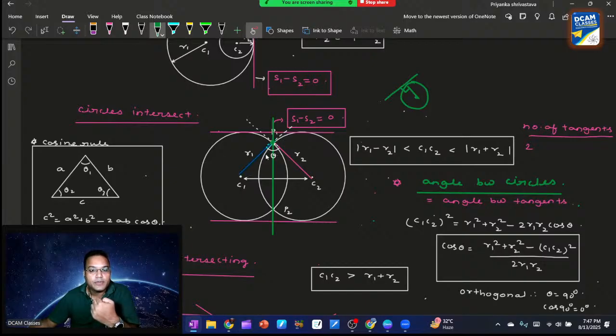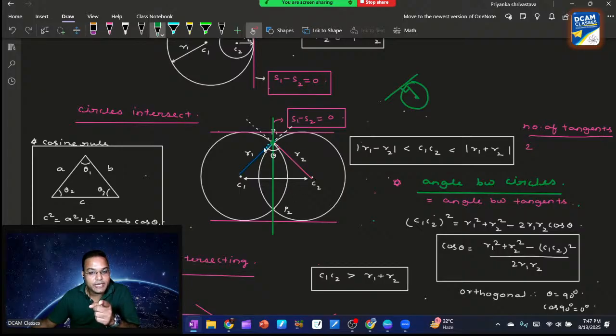That means the radius R1 is the tangent to the circle C2. That makes it clear: when R1 is tangent to the circle C2, R1 should be perpendicular to R2.